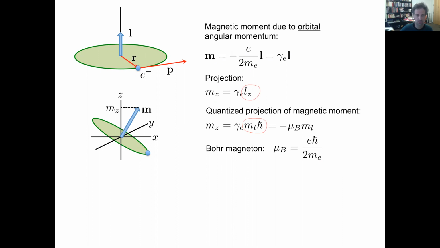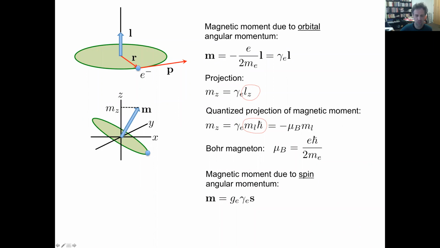Now, this is the magnetic moment due to the fact that the electron has a charge and is spinning around. What about the fact that the electron has a spin? There's also a magnetic moment due to spin. Of course, this is analogous to what we just talked about, but instead of L, now we're talking about S. Because an electron has spin angular momentum, it also has a magnetic moment due to that spin.